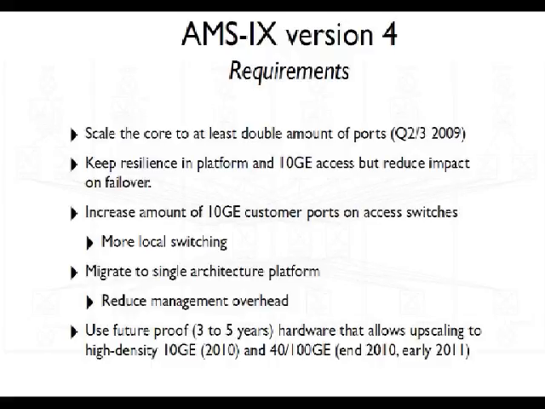That won't work. On the other hand, we would like to keep the resilience of having this photonic switch where we connect members to, so we can take out a complete switch if we need to. We can switch it out, put people on another switch, and work on the switch we switched out. That helped us a great deal over the years we were running on version 3.